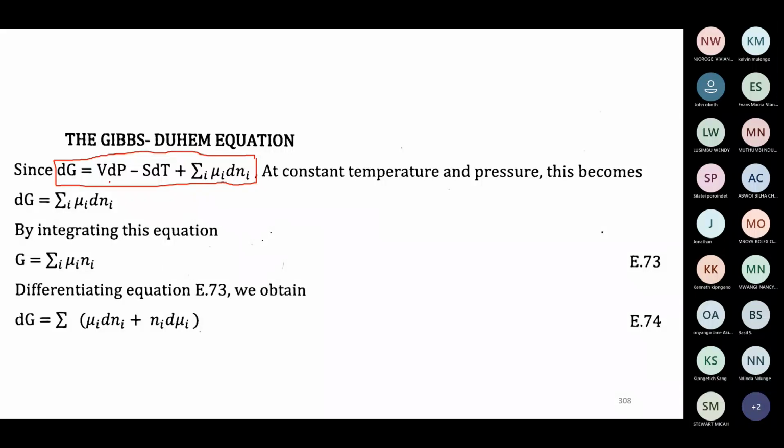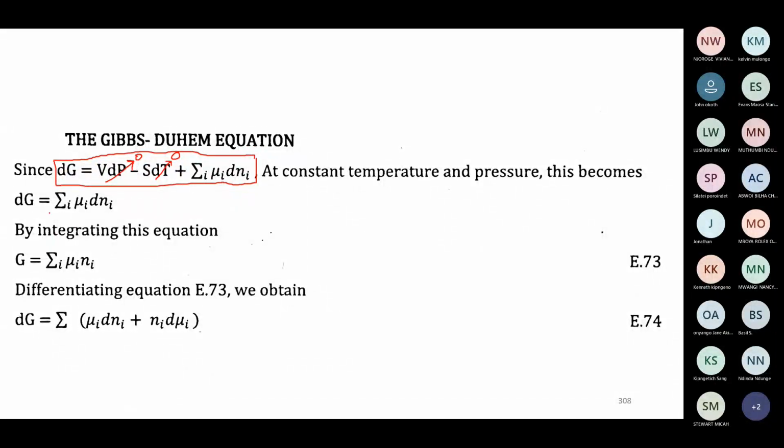If pressure is constant, then the change in pressure is 0 because it's not changing, and the change in temperature is also 0. So essentially, we are eliminating the two terms, and dG equals the sum of all mu_i dn_i.